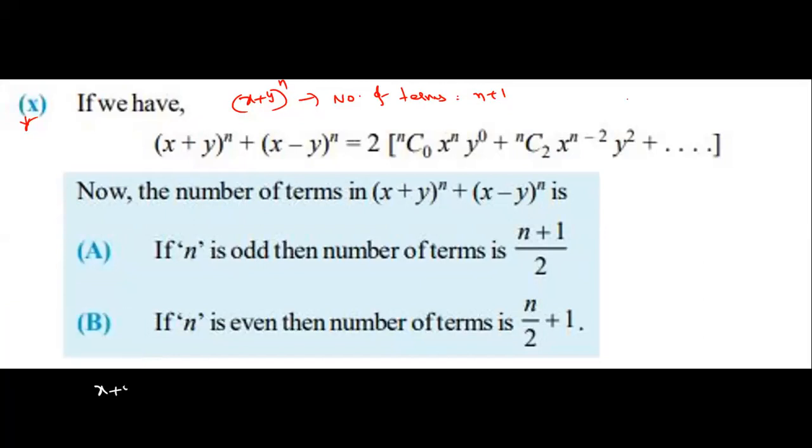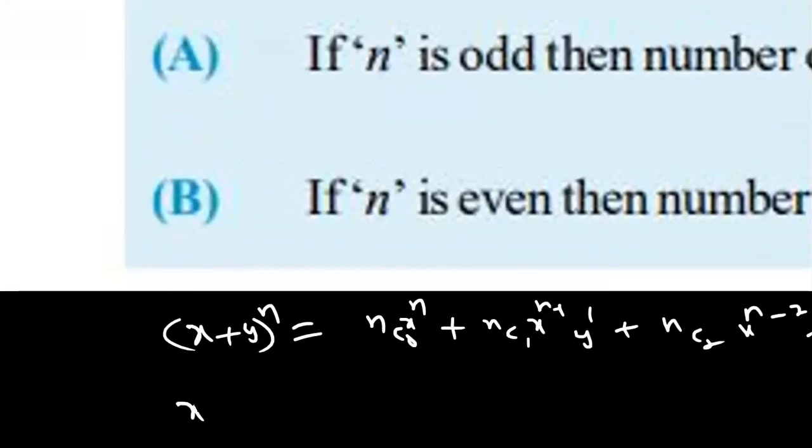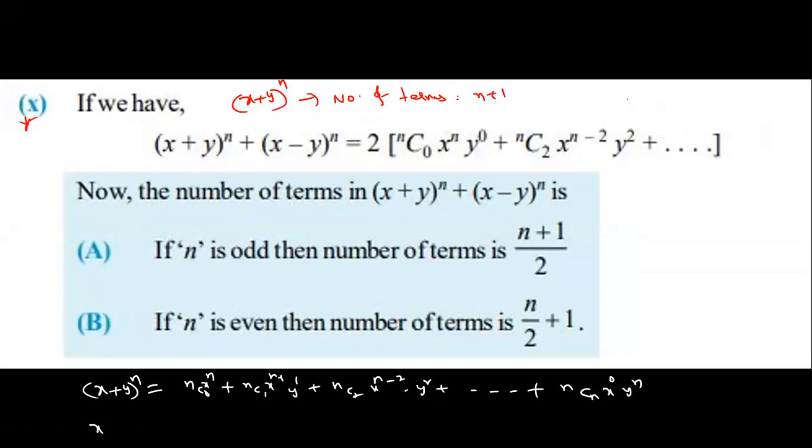Generally, (x + y)^n: please tell me, anyone, what is the expansion? Similarly, for (x minus y)^n: nC0 x^n minus nC1 x^(n minus 1) y plus nC2 x^(n minus 2) y^2 minus and so on.